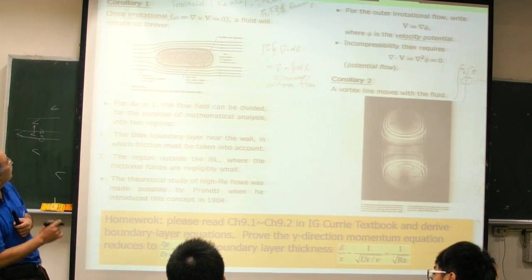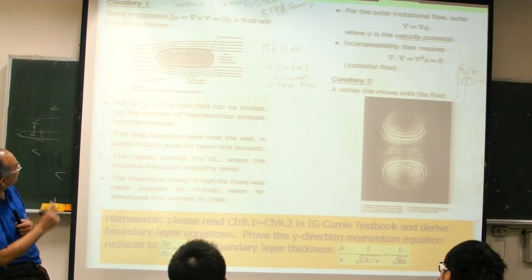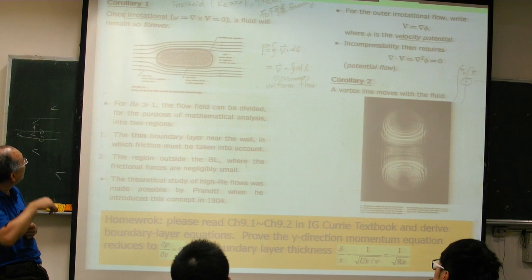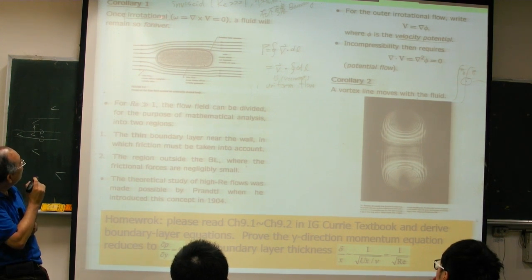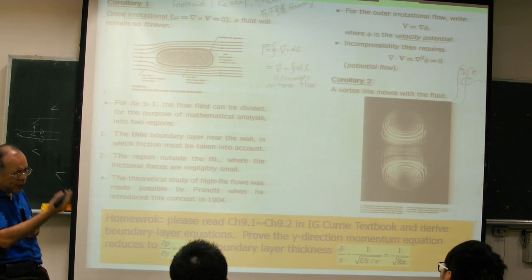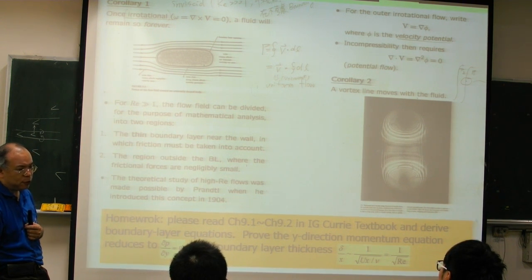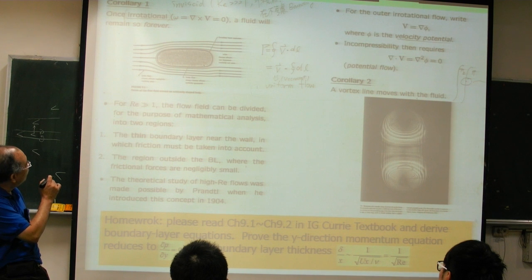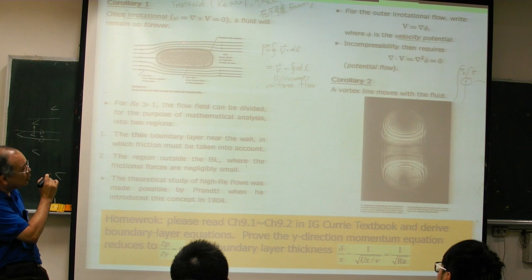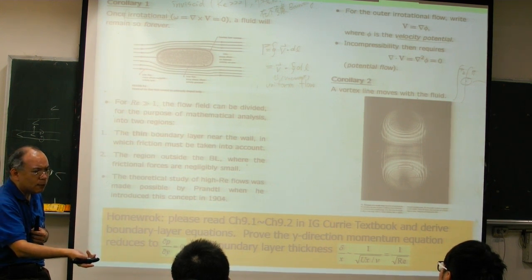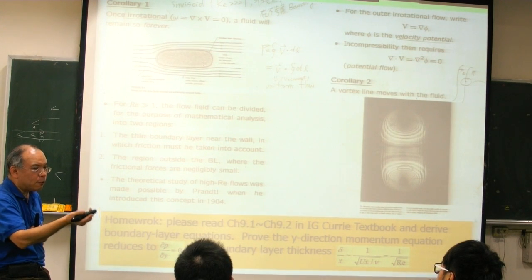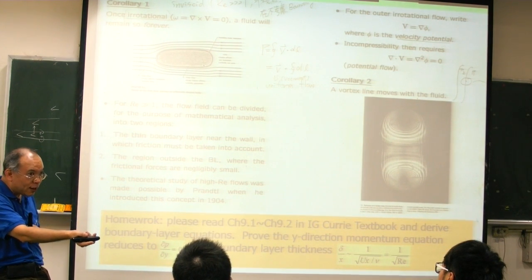So here is one of the theorems, or a corollary. If the flow is irrotational, your flow will remain irrotational, because if my flow element here is irrotational, and my flow element here is also irrotational, what happens? Why? Because inside the flow field, I am not able to generate any vorticity, right?